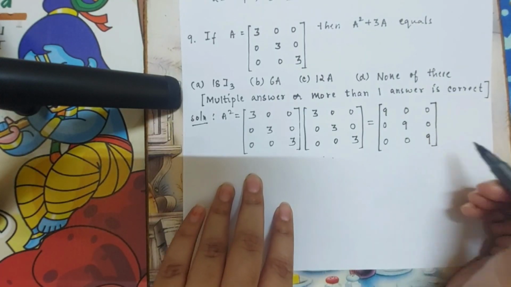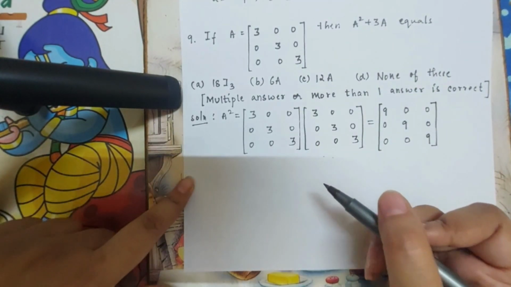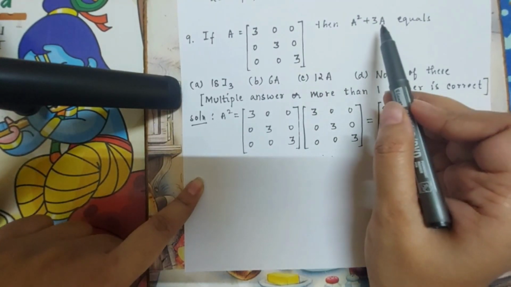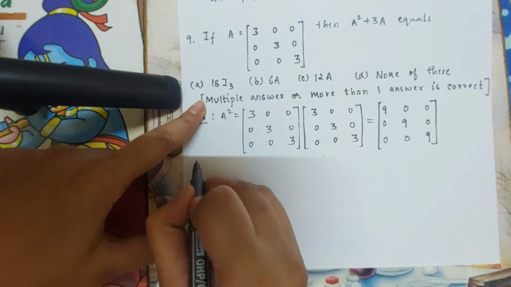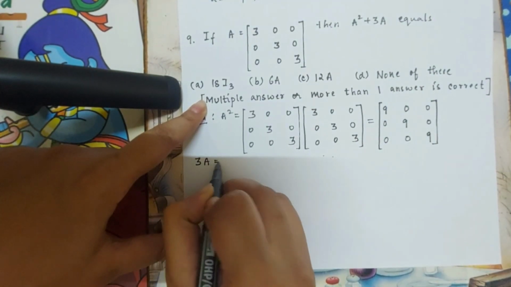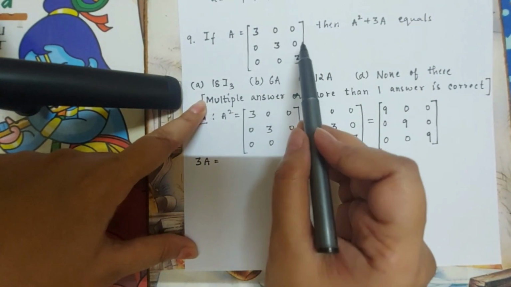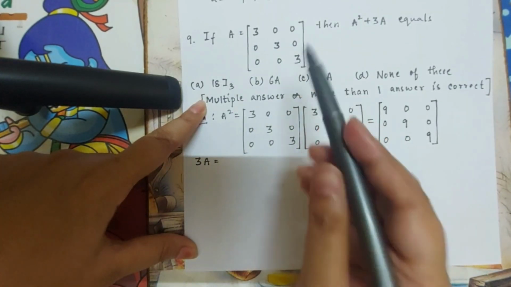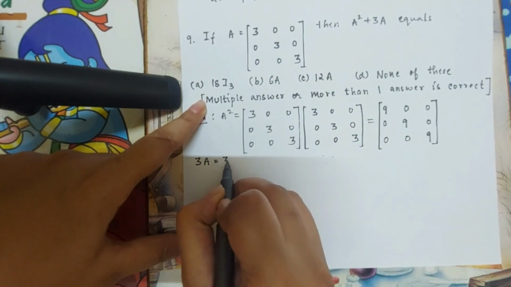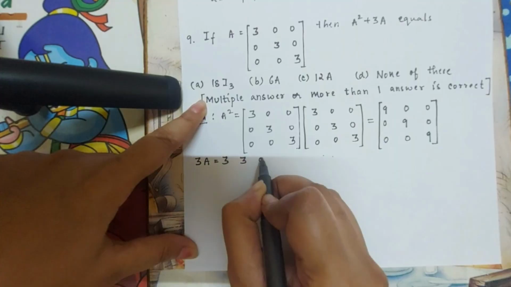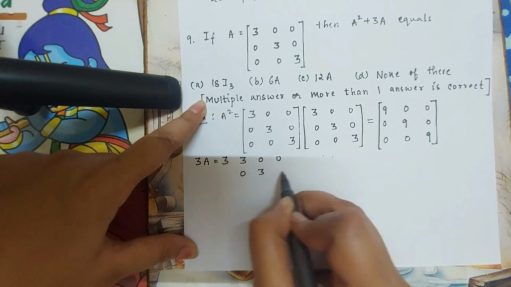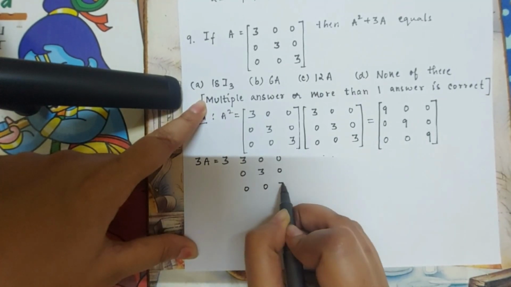So this is our A square. Again we need to find the value of 3A also. We'll be getting 3A by multiplying each and every element of A with 3. So that is 3 into 3, 0 0 0 3 0 0 0 3.